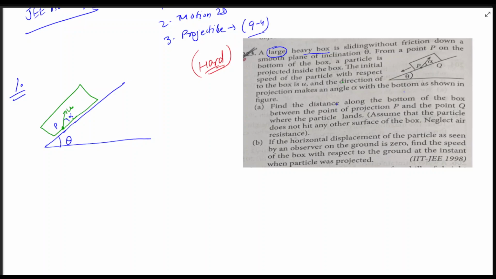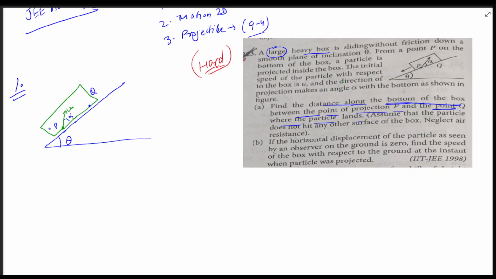Find the distance along the bottom of the box between the point of projection P and the point Q where the particle lands. So let's say it is landing here, this is our point Q. Now the distance along the bottom of the box is what it is asking.